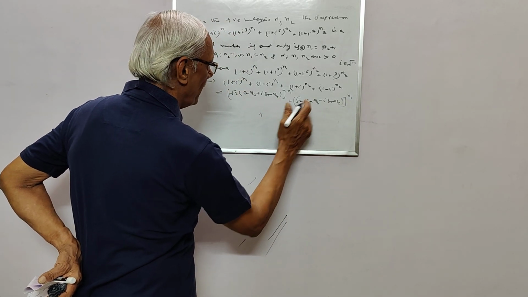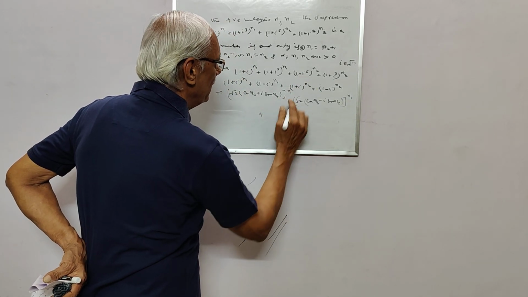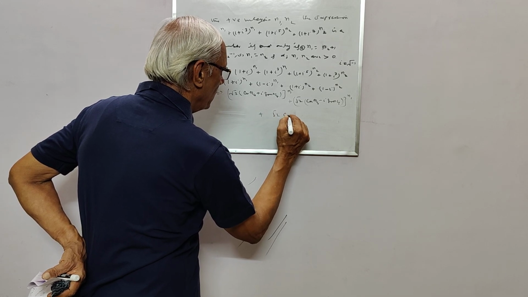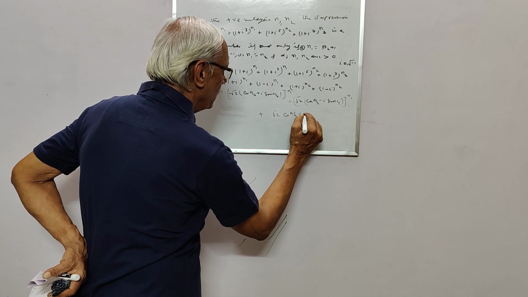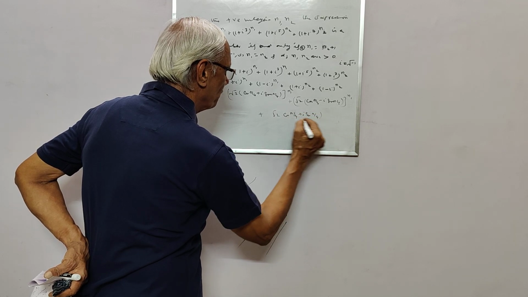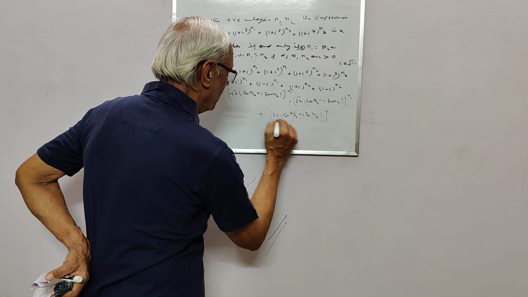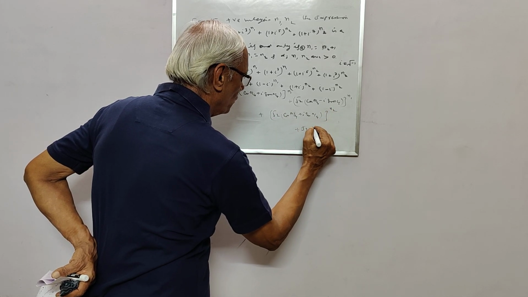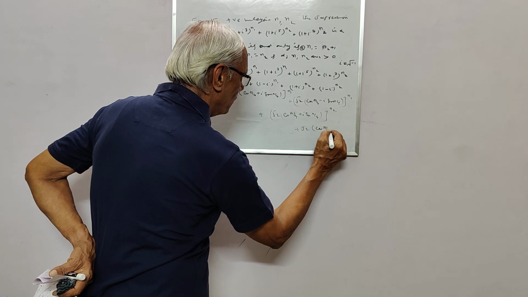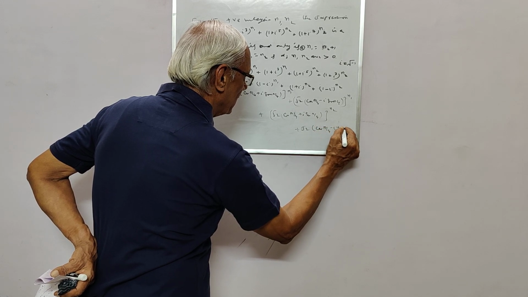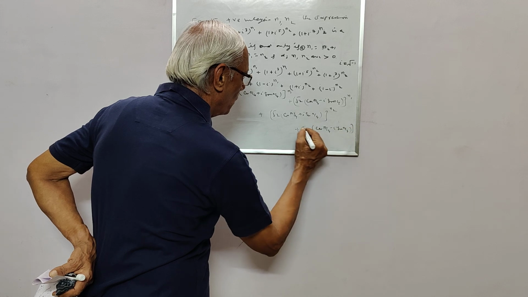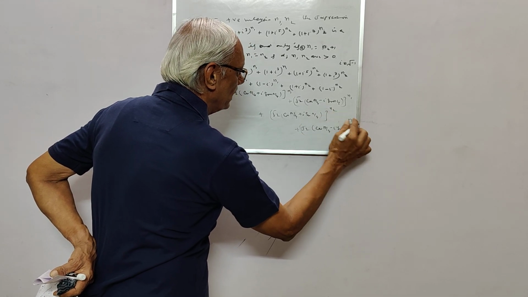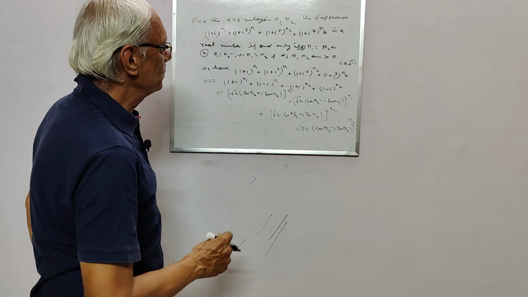Then plus, here again, square root of 2 cos pi by 4 plus i sin pi by 4 whole to the power of n2, plus square root of 2 cos pi by 4 minus i sin pi by 4 whole to the power of n2. So this is what we get.